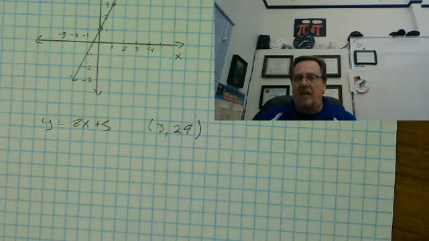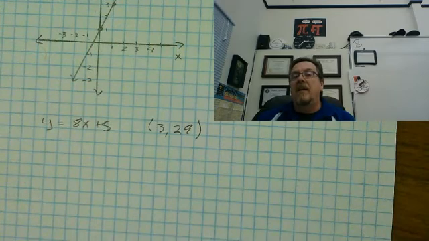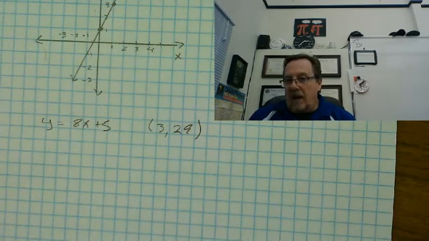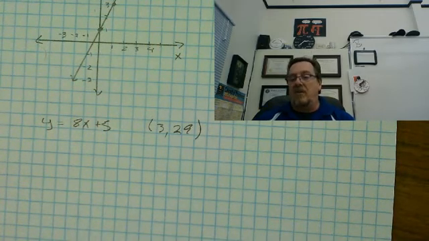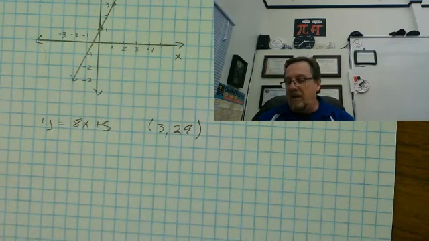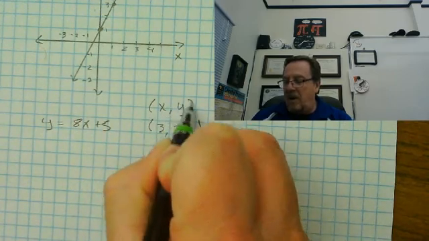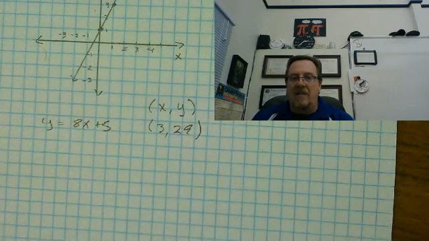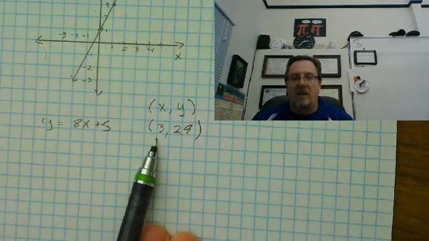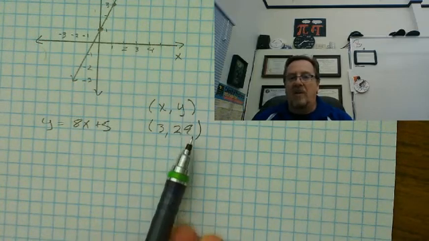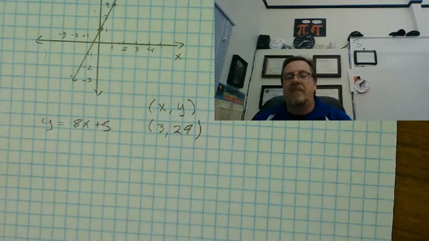How would we solve that, or how would we come up with that answer? The easiest way, even though there's more than one way to do this, is to remember that our points are always listed in x and y. So the x value we're talking about here is 3, and the y value we're talking about is 29.